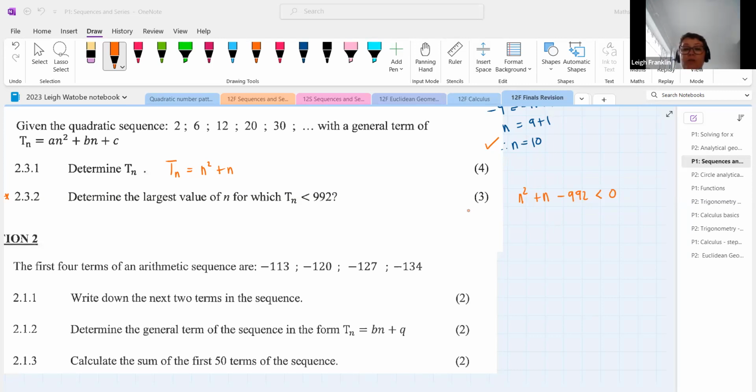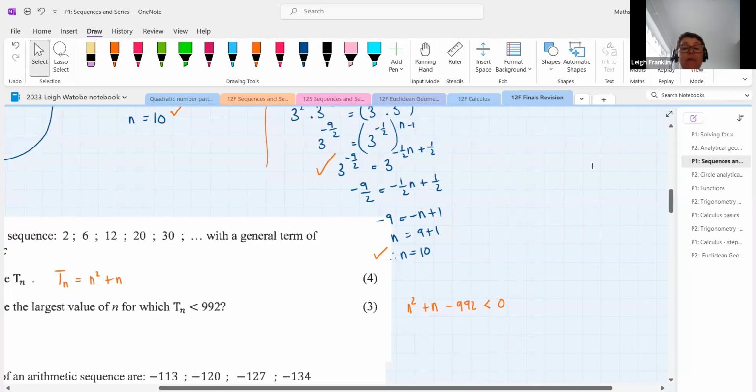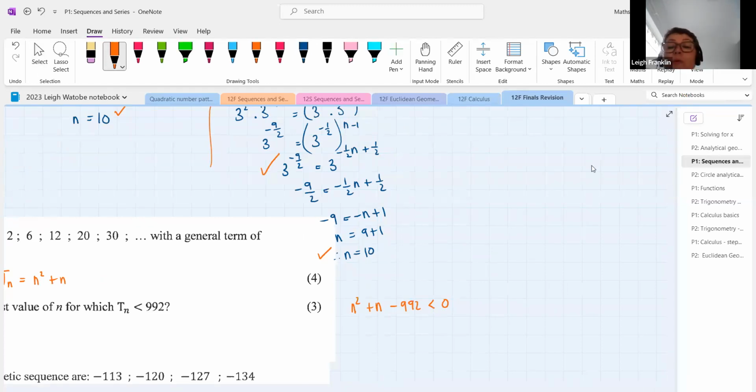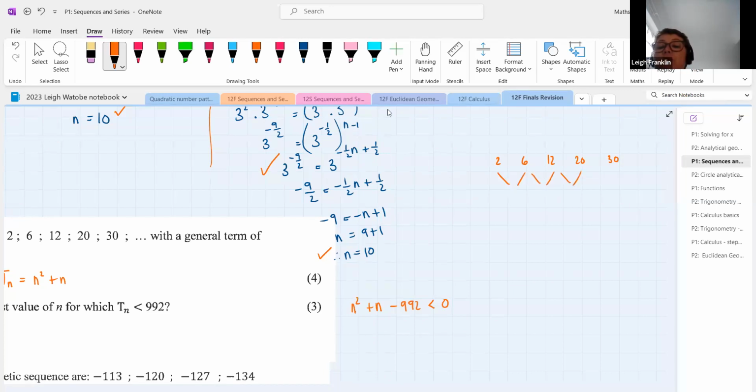Okay, so I'm just going to scooch over just a little bit and explain it quickly, and then we'll do that next question. All right, so those people that have asked me to show it, you've got 2, you've got 6, you've got 12, you've got 20, you've got 30. So you start by writing down your pattern and then working out your first differences.